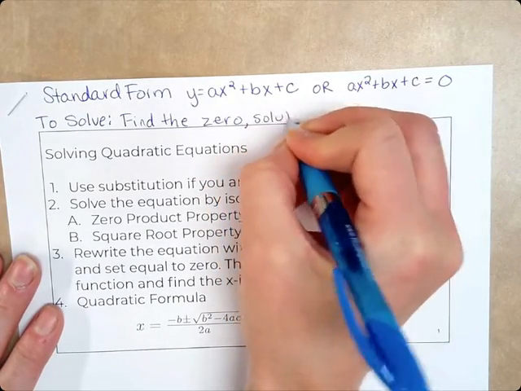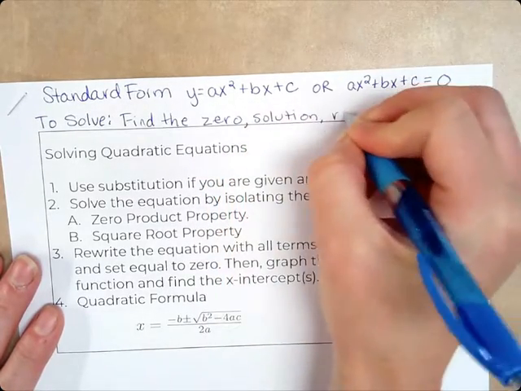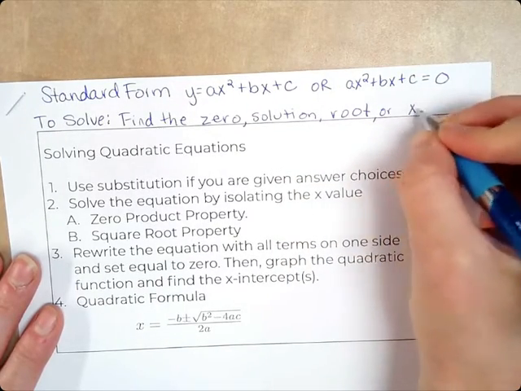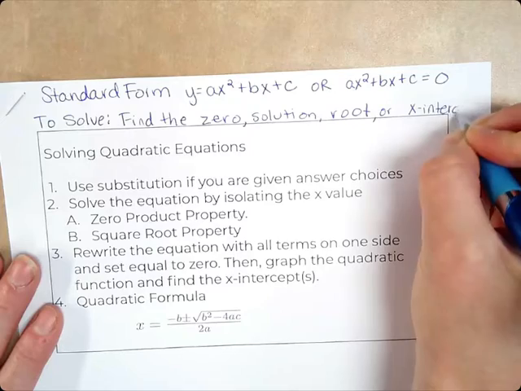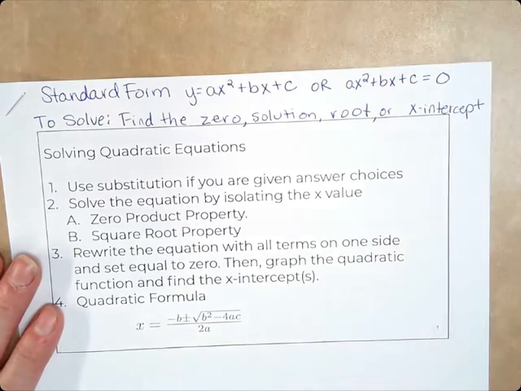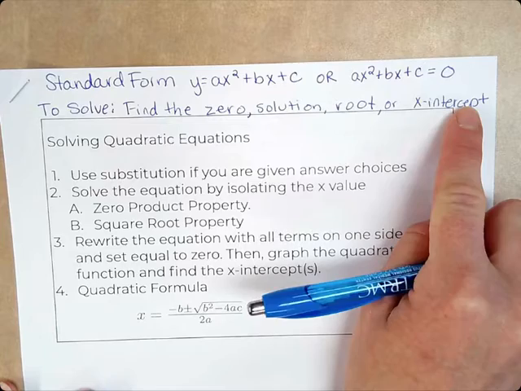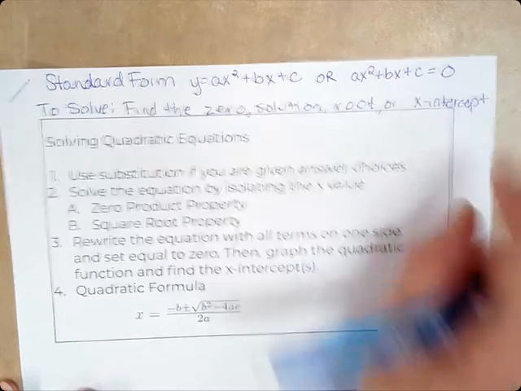Solution, root, which are all called, or x-intercept. A quadratic equation could have one solution, two solutions, or no solutions, just depending on how it crosses the x-axis, what your x-intercept is.